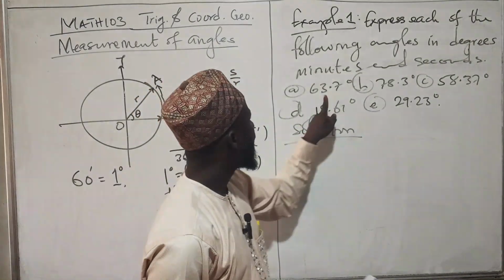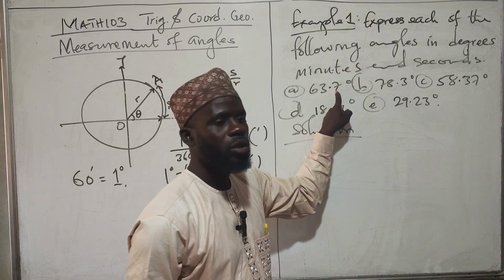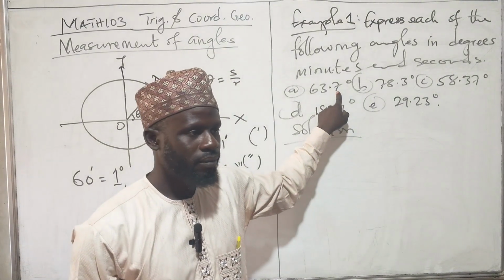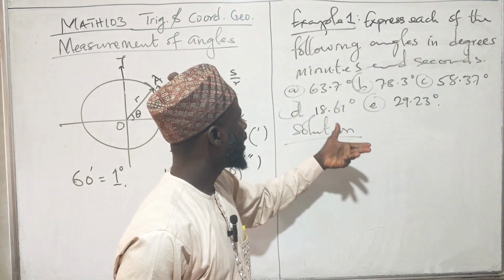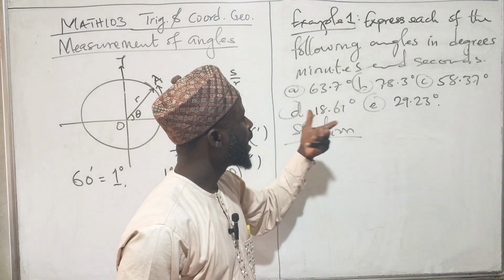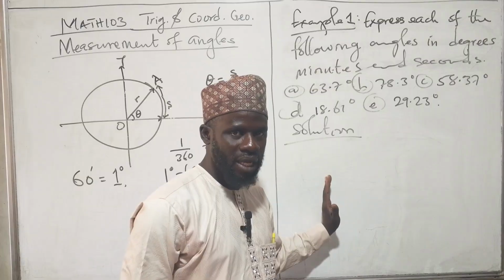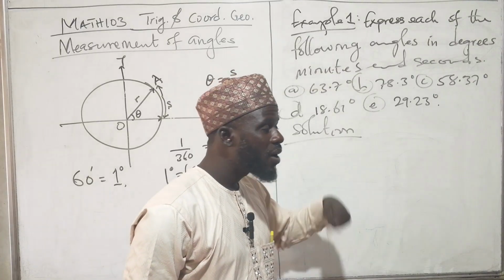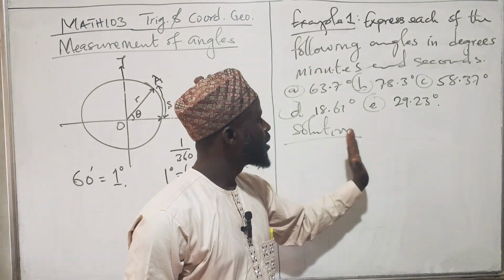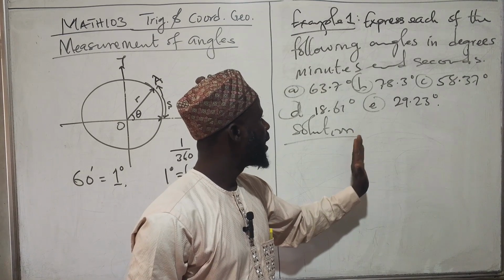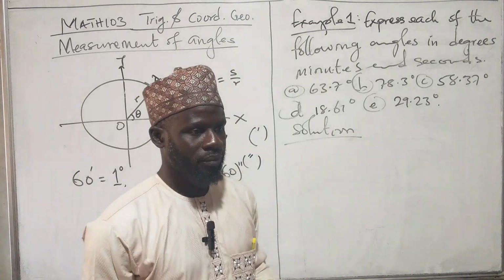And the decimal part should be converted to minutes. Further, if the minutes contain decimal, then record the whole part as it is in minutes. Further convert the decimal part of the minute to seconds. And so here we go.